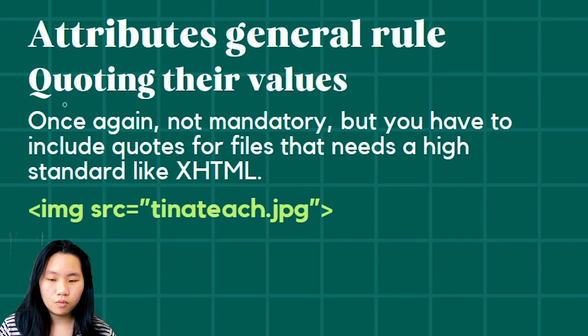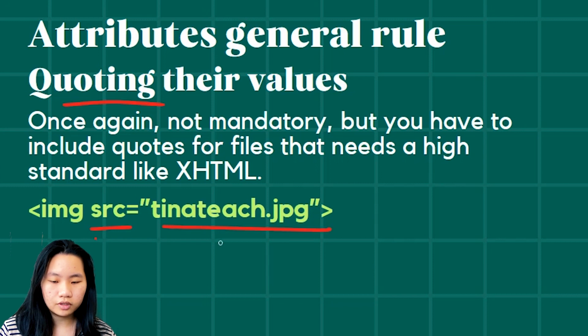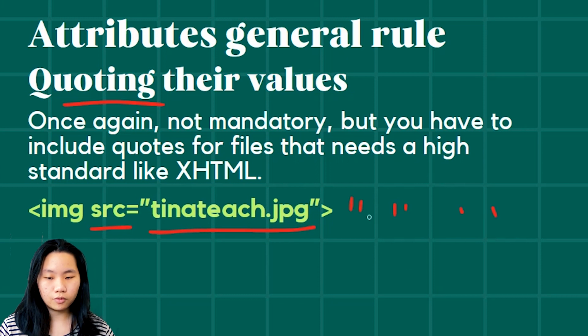Next is quoting values. So as I've demonstrated before, an attribute has a name, right? And then it has its own value. And its value is often in quotes, double or single quotes. Once again, it is not mandatory.